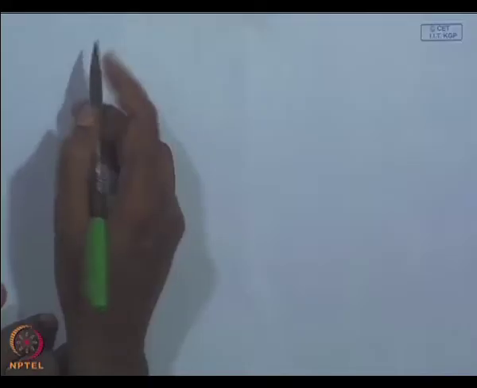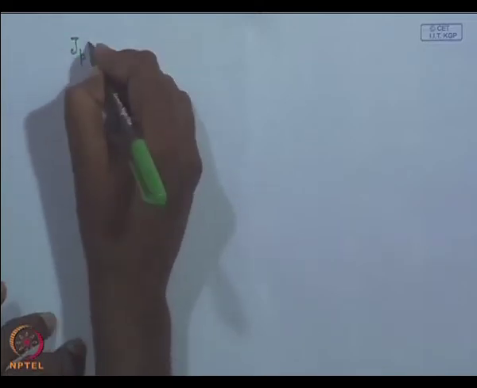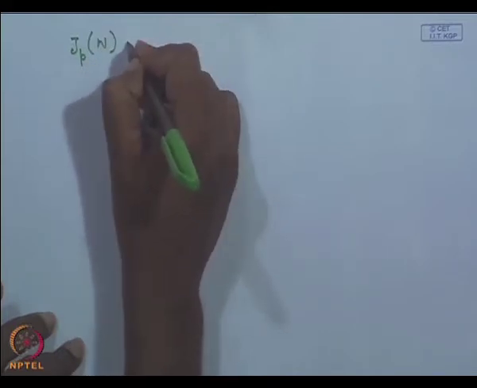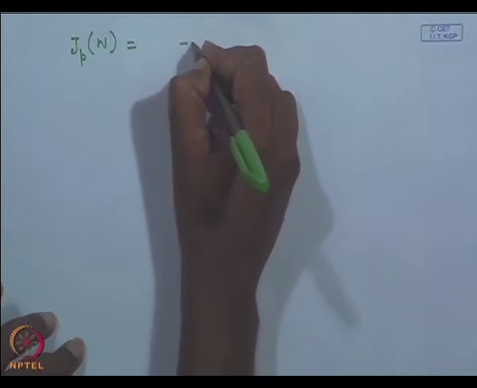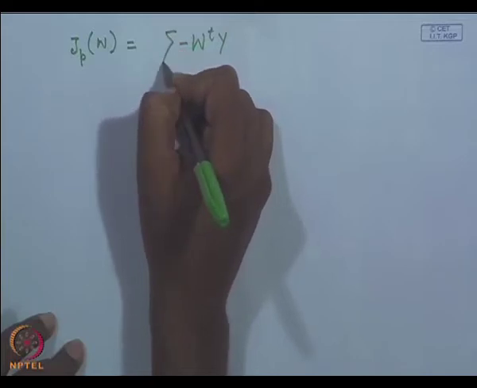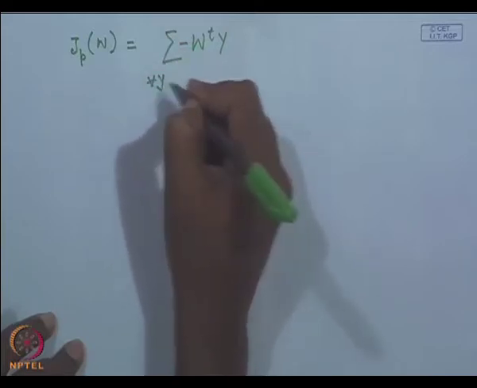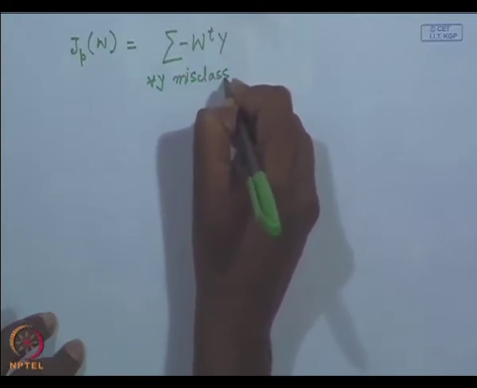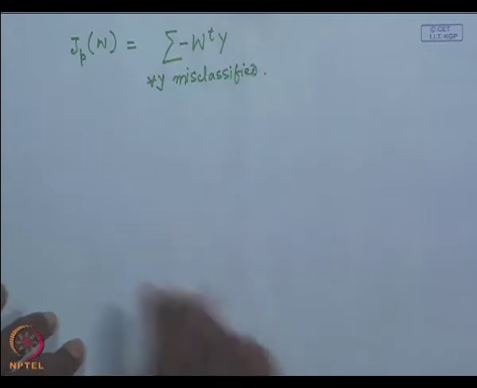If you remember, in case of perceptron criteria, the criteria function for designing of the classifier was something like this: J_p of W, which was given by minus summation of W transpose Y, where this summation is taken over all Y which are misclassified. Okay.